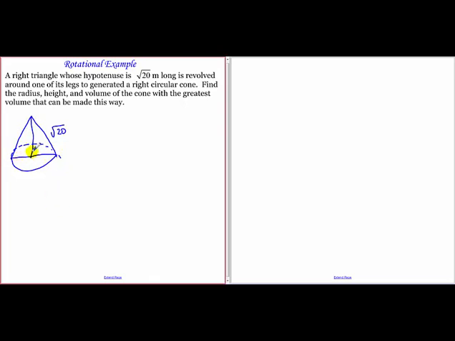So we have a right angle there, that's the radius of our base, and that's our height. I want to find the greatest volume of this cone. So we're maximizing volume of a cone, which is 1/3 pi r squared h.